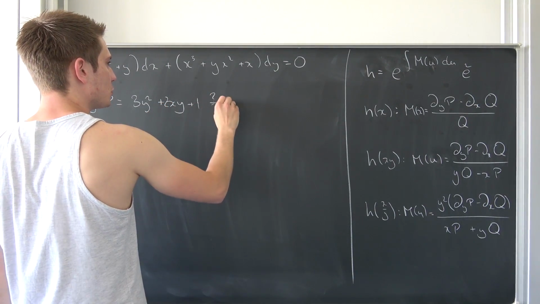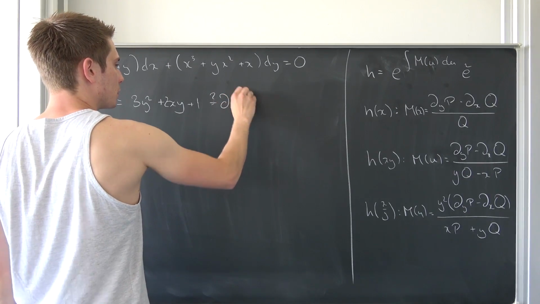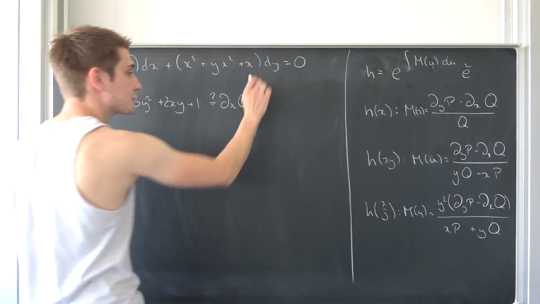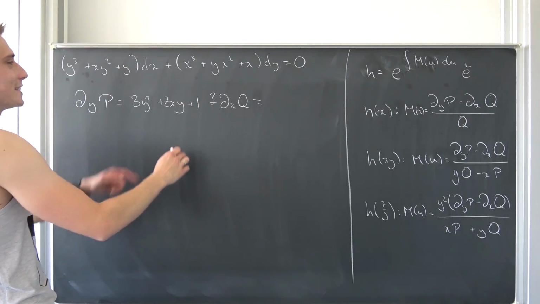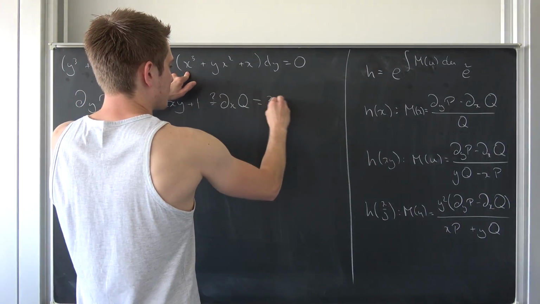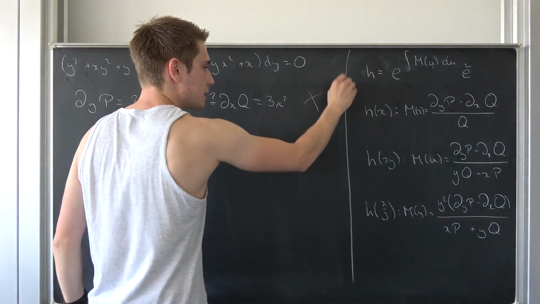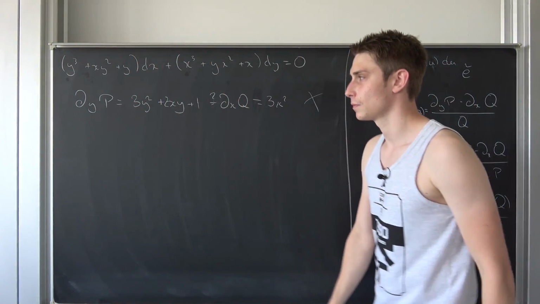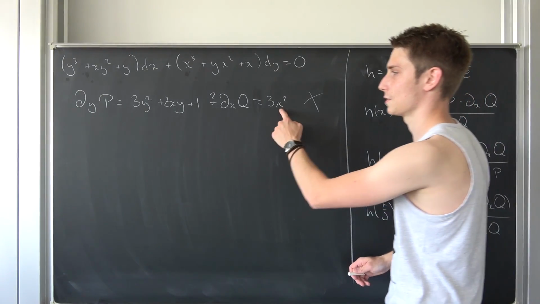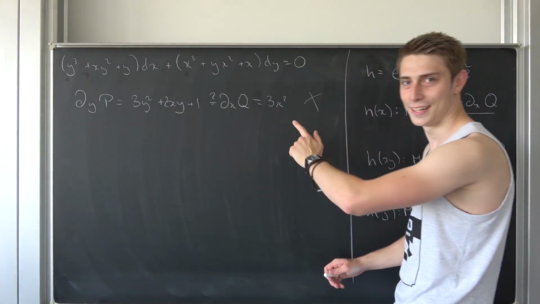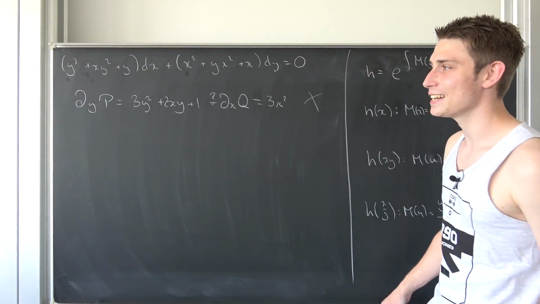But is this thing equal to del x q? I don't think so, because del x q is nothing but 3 times x squared. Okay, it doesn't work out, so you can already see this thing is not exact. I hope you can see that this is not equal at the moment.